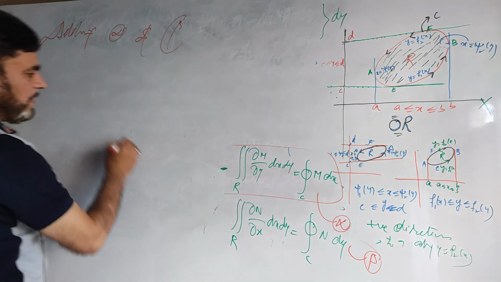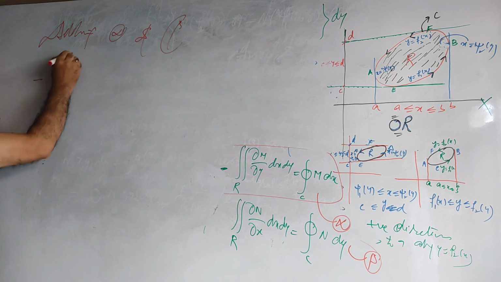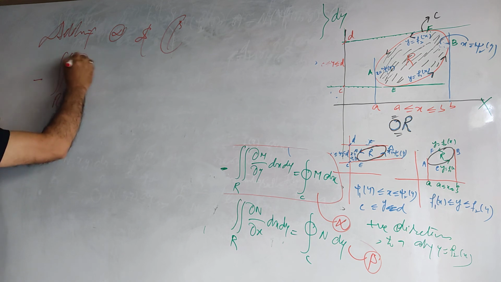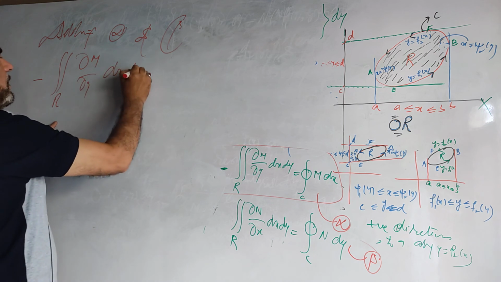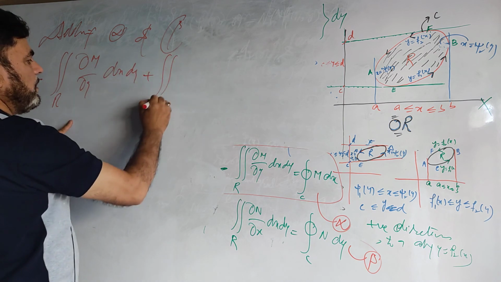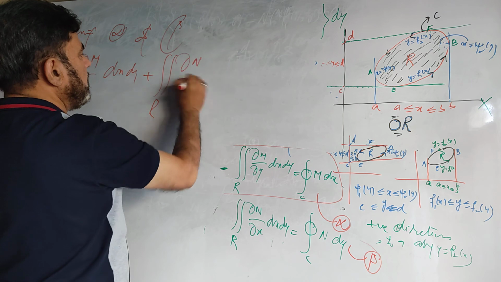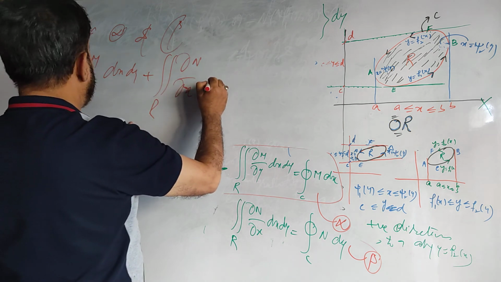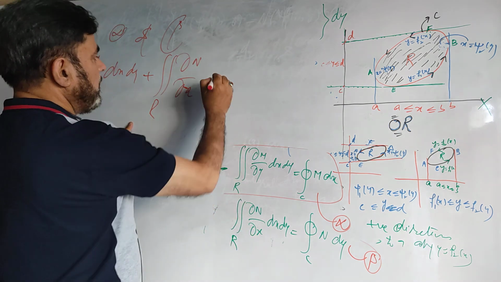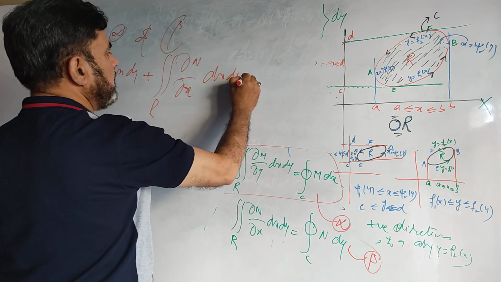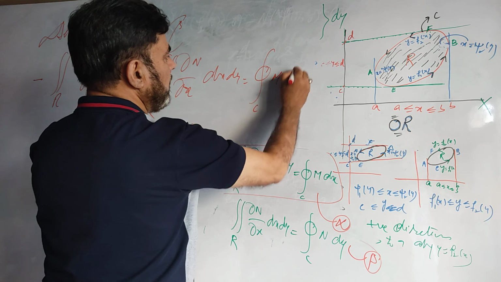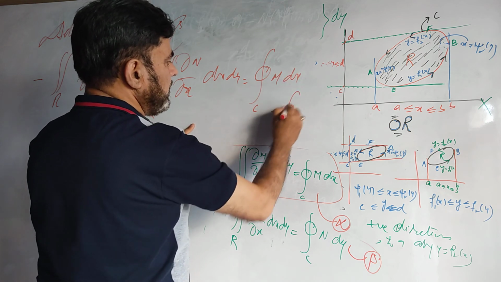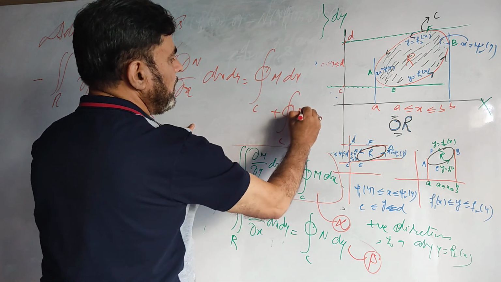When you add alpha and beta, I will write it: minus the surface integral over R of del m by del y dx dy plus the surface integral over R of del n by del x dx dy is equal to the line integral over C of m dx plus the line integral over C of n dy.